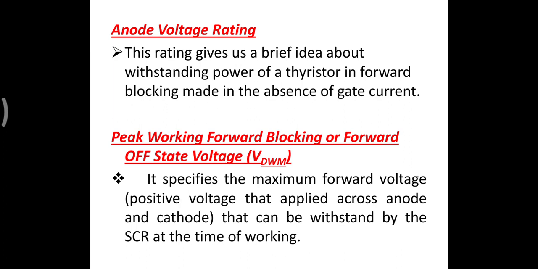Next, peak working forward blocking or forward offset voltage. The name itself indicates it: the SCR is in forward blocking mode, and the peak voltage it withstands during working condition is the peak working forward blocking voltage.